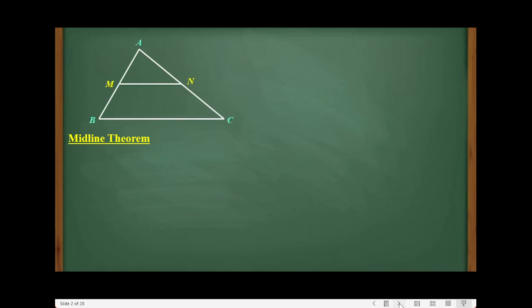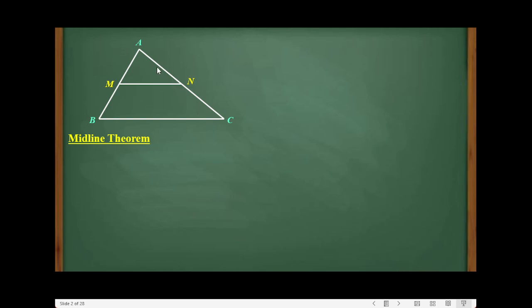For our next slide, let us now start with a discussion about the midline theorem. Now, what is this midline theorem? Suppose I have here a triangle, and this triangle is named as triangle ABC. You will notice that from this triangle, we consider the midpoints of the two sides.